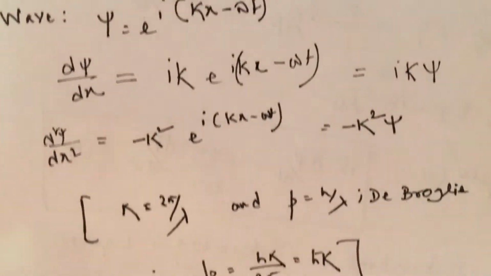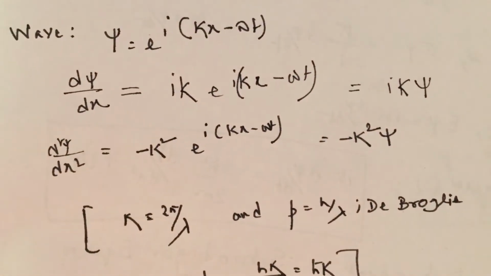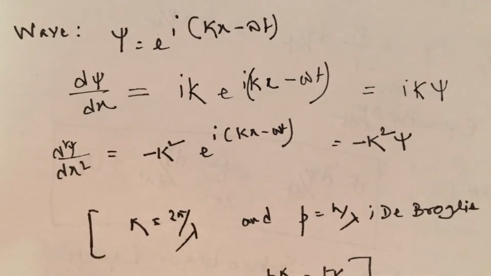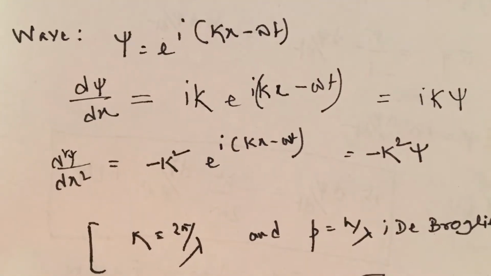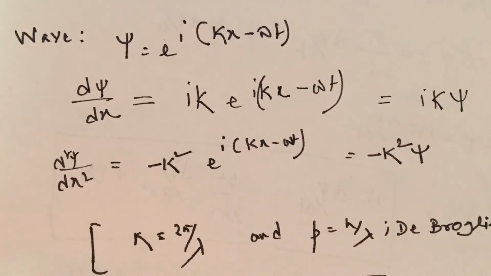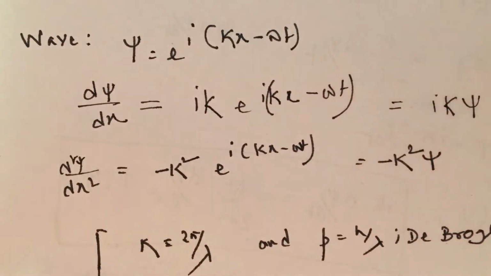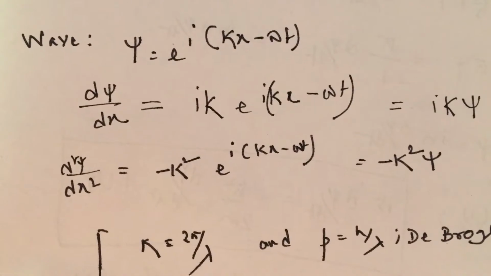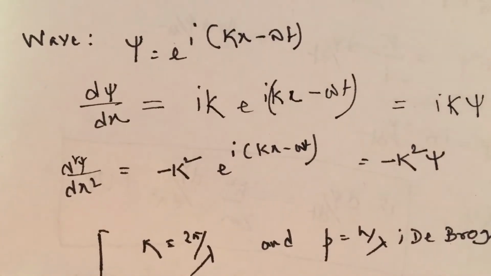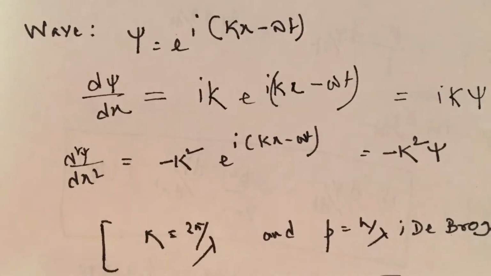Now for a wave, we can write this expression. This is the basic expression: psi equal to e to the power i(kx minus omega t), because we know that e to the power i theta is equal to cos theta plus i sin theta, and cos and sin both represent basic sinusoidal waves.